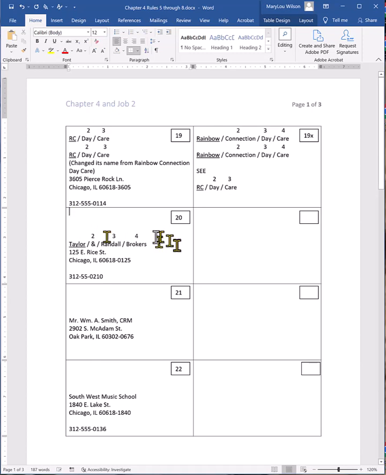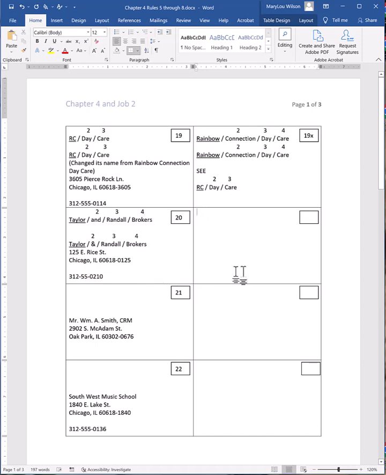Now let's rewrite in correct coded order. Now spell that symbol out. Taylor and Randall Brokers. We're going to underline the Taylor, the key unit. We will add unit 2, unit 3, and unit 4. Now this one is the original record and it is coded correctly.